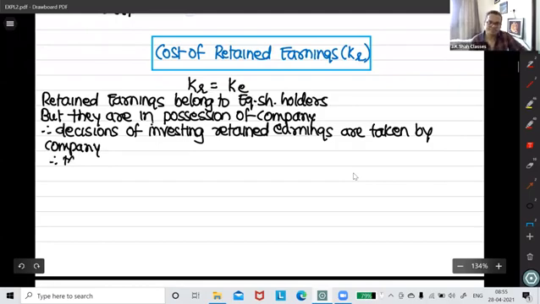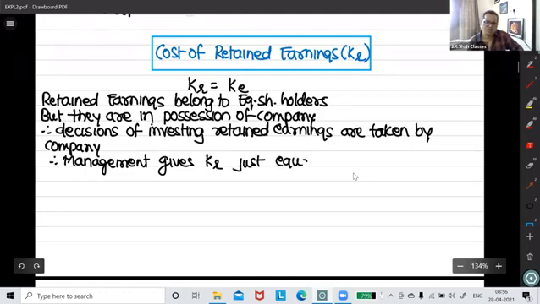Therefore, management gives KR just equal to KE. Simple.